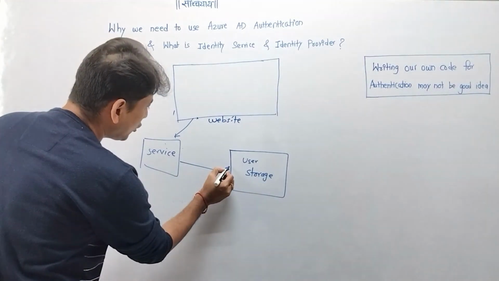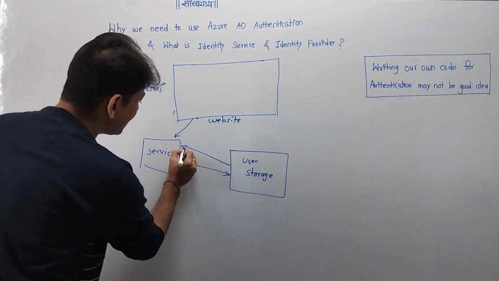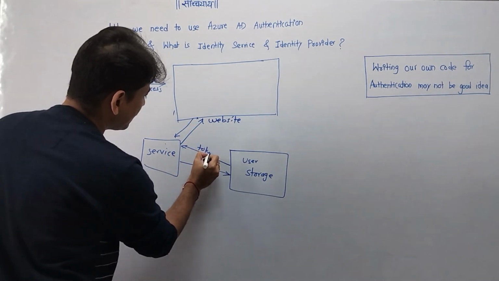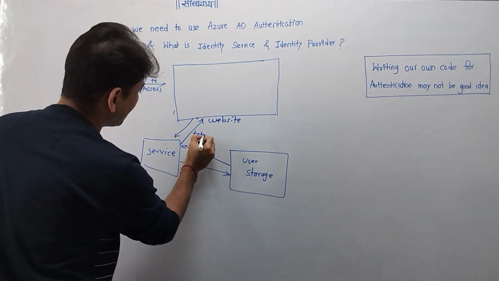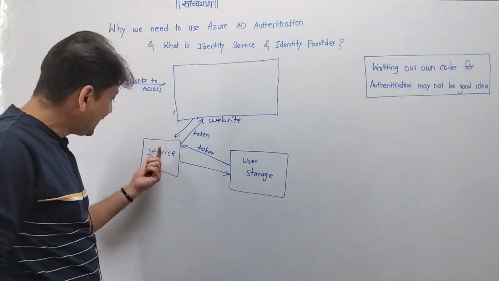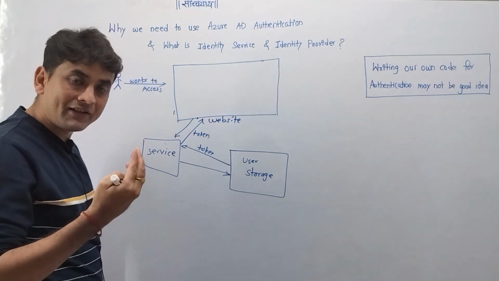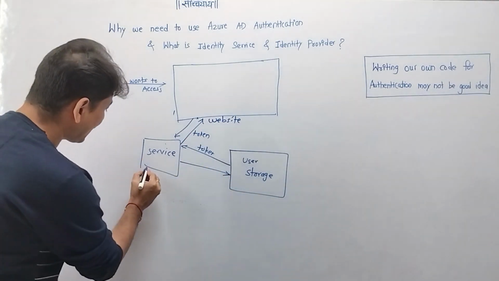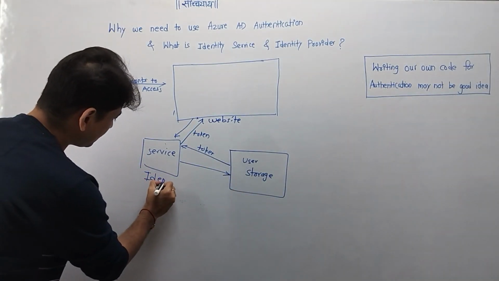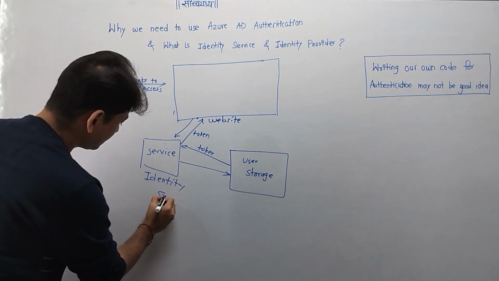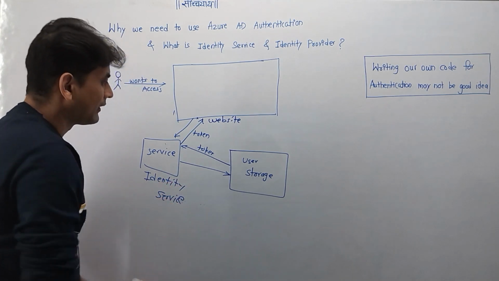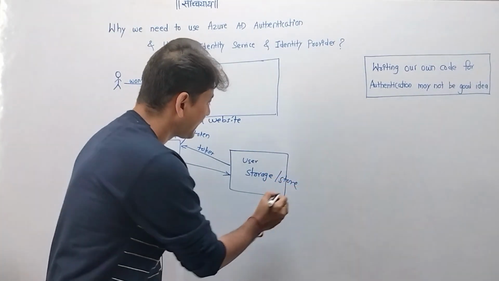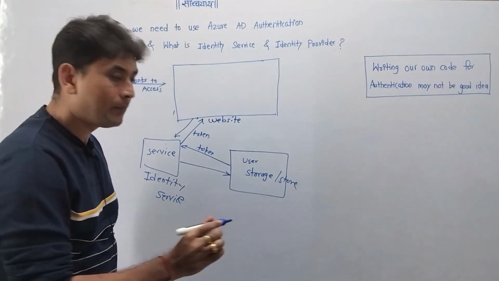If yes, a token will be returned from this user storage to this service, and from this service to this website. So again you can see the token is returned in this way. So this service which actually verifies whether that user is authenticated or not from that user storage, it is our identity service. And this user storage, or user store as well, this is our identity provider.